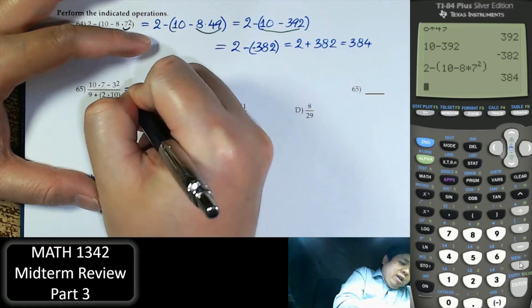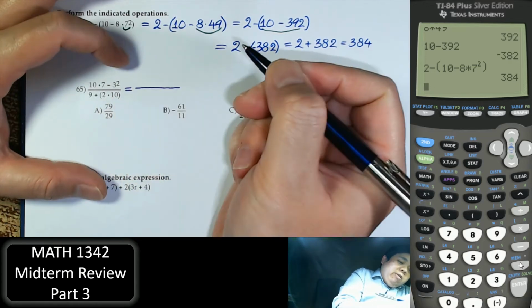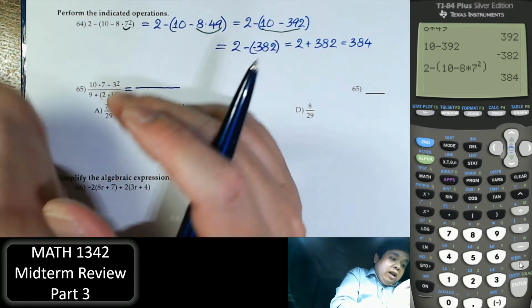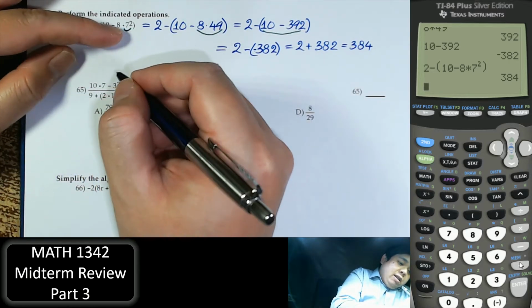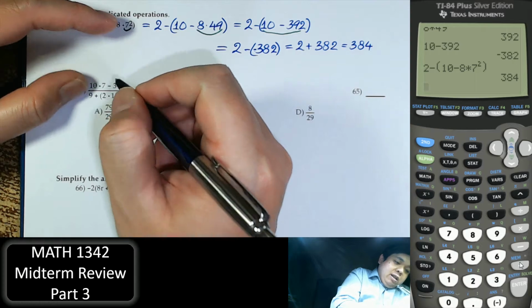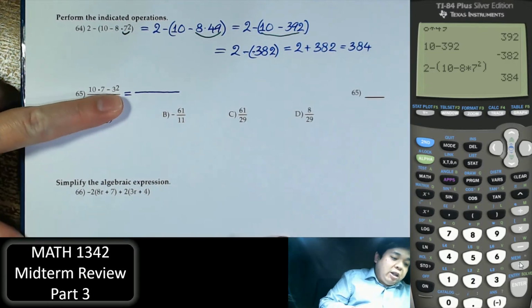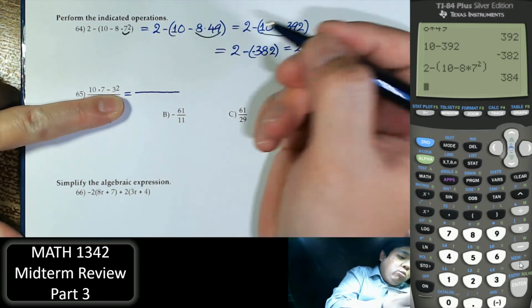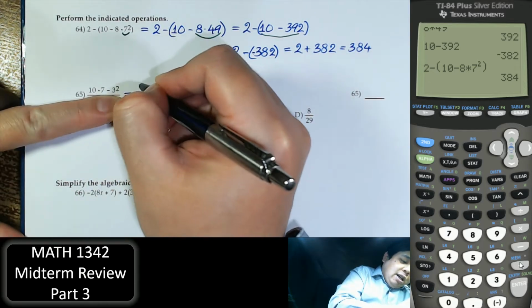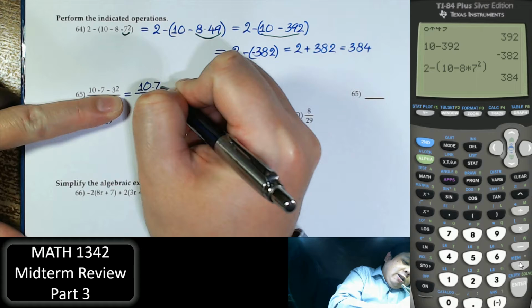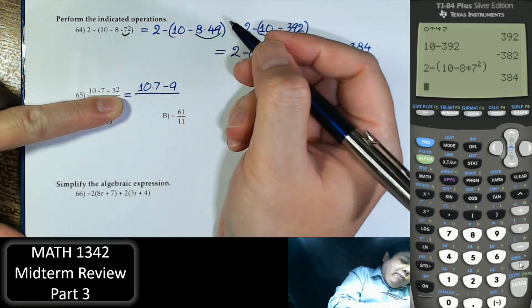Now same thing here, but this time we have a fraction, so we do everything on the top and the bottom separately, and then at the end we divide them. So we just do top and bottom separately. On the top, we're going to do the 3 squared first, and then 10 times 7, by 3 squared.